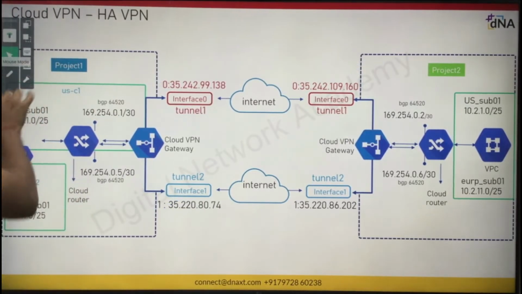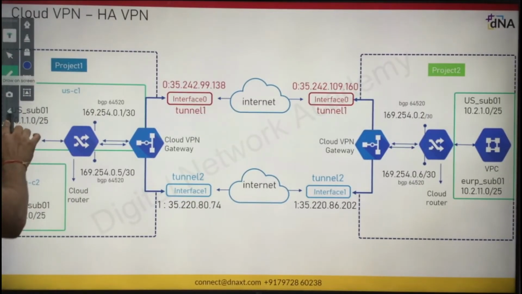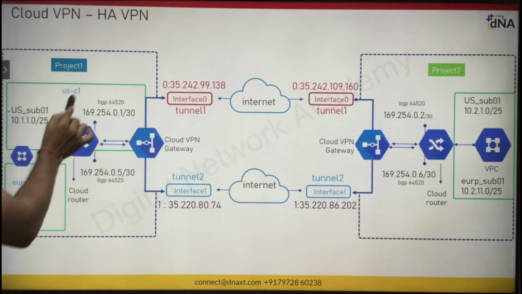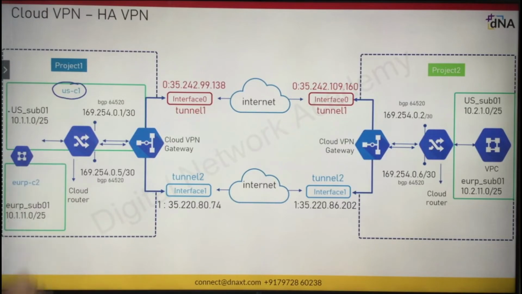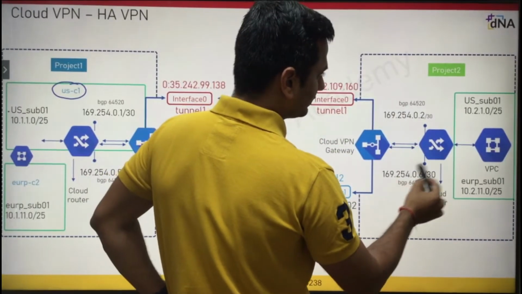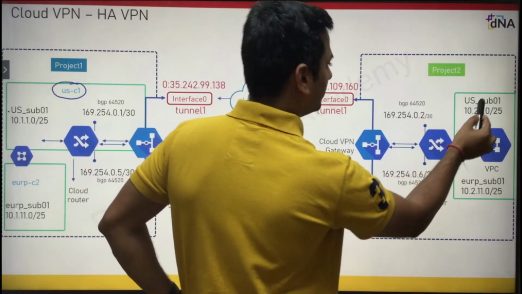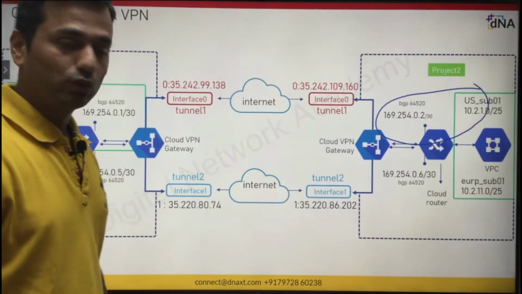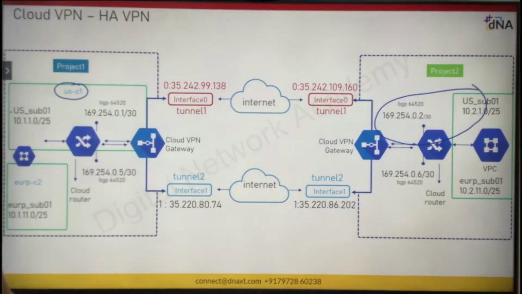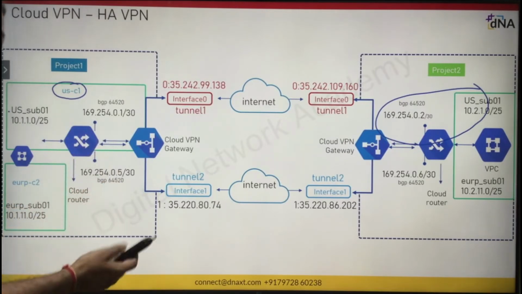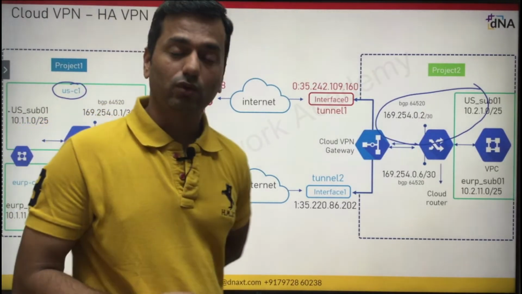Now, in this diagram, you have configured the cloud VPN gateway and cloud router in the US Central 1 region, in project 1, and in project 2 I have configured this under the same US region. Now by default, this BGP will advertise the routes that are connected or visible.